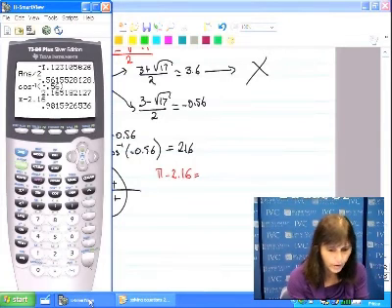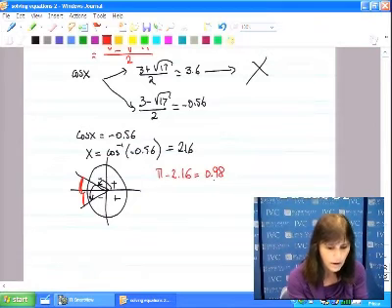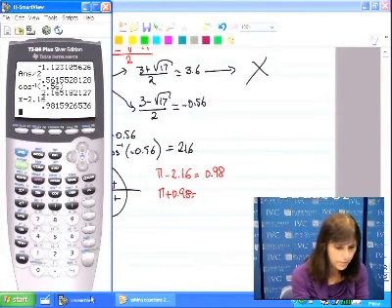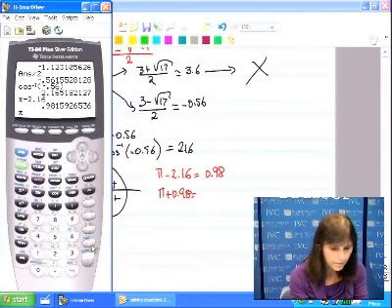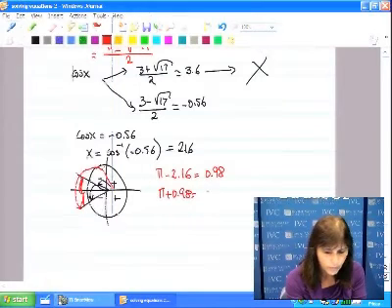That is 0.98. Okay, so to get this angle, I need to go pi plus 0.98. That gives me 4.12.